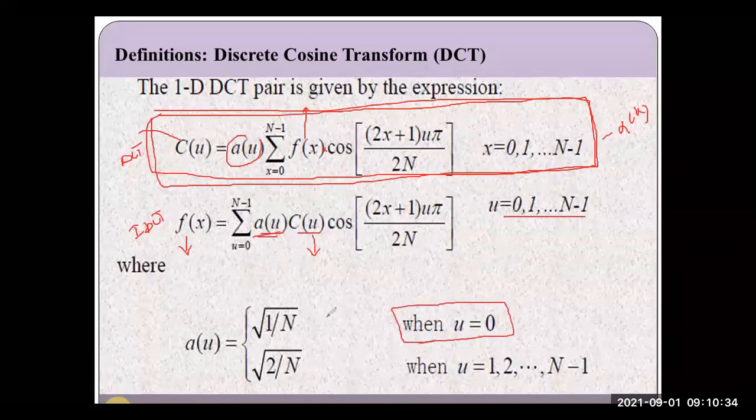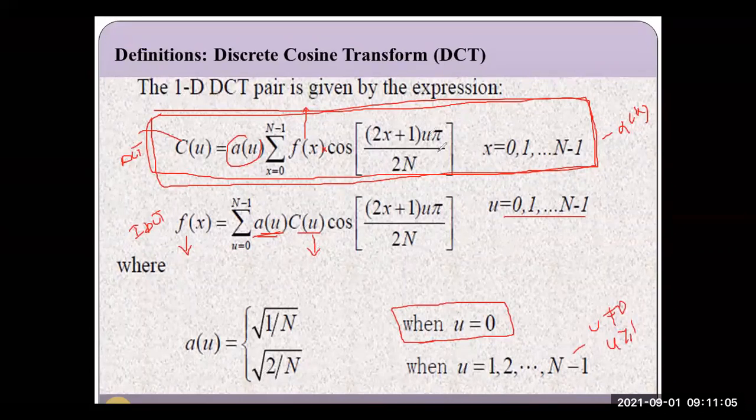For other values, whenever u is not equal to 0, that means u is greater than or equal to 1, the value will be root over 2 by n. This is the mathematical representation for the one-dimensional discrete cosine transformation.